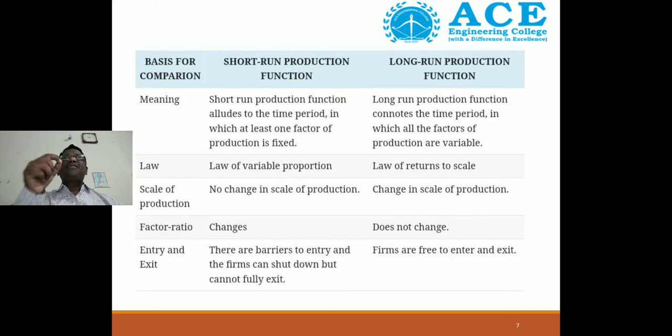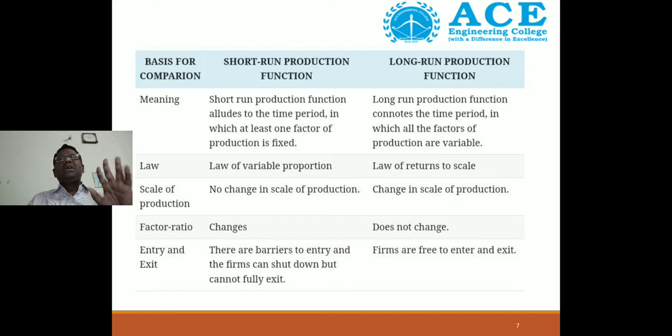So basis for comparison: short run production function, long run production function. So what is the meaning of short run production function? It alludes to the time period in which at least one factor of production is fixed. One factor of production is fixed means how many total factors of production? 4.